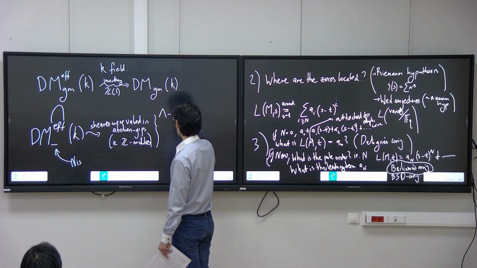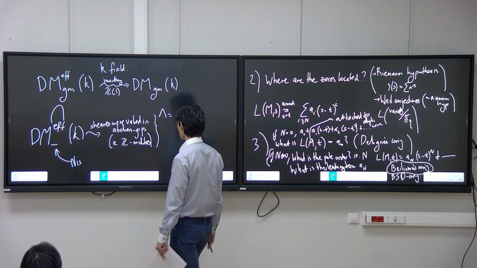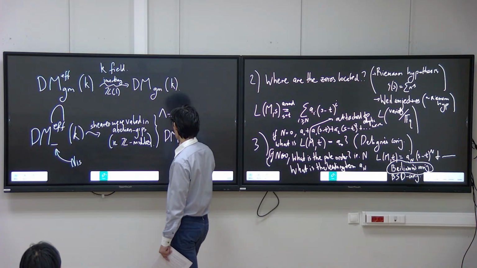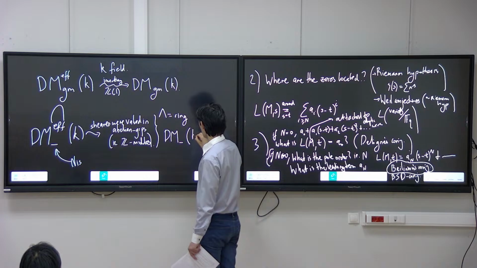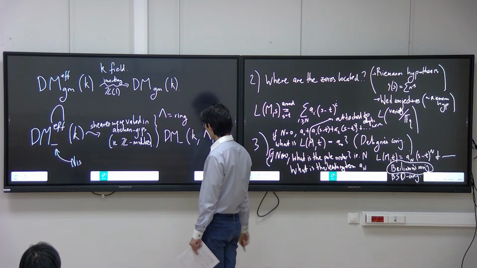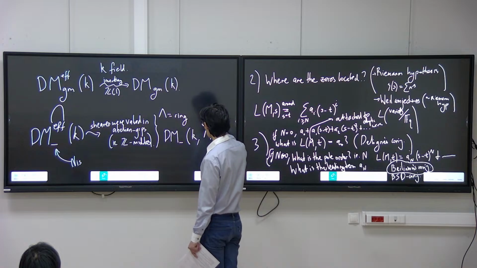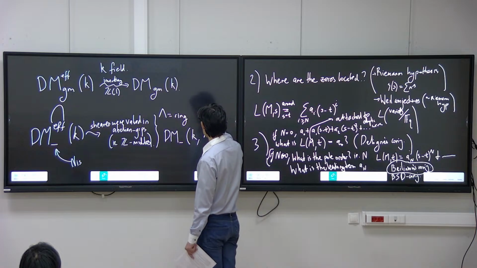So Lambda is any ring, maybe nice enough, like commutative, etc., with a 0 and 1. Then you can construct a category DM minus with coefficients in Lambda. And typically, we want to look at Lambda being the rationals.